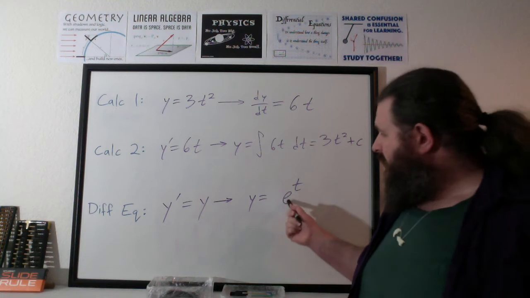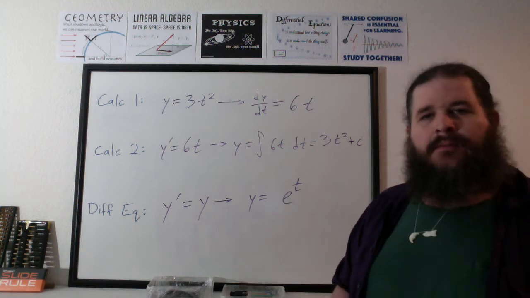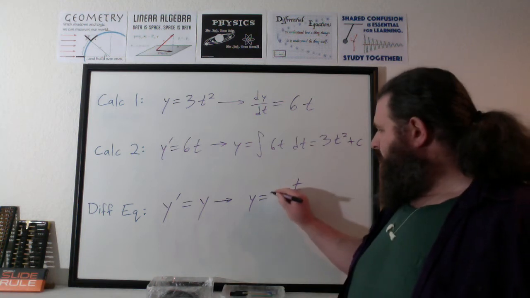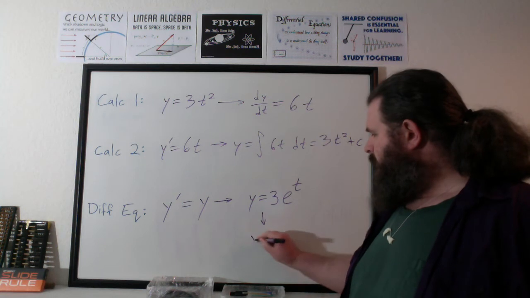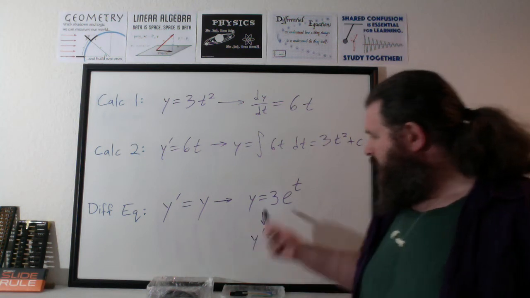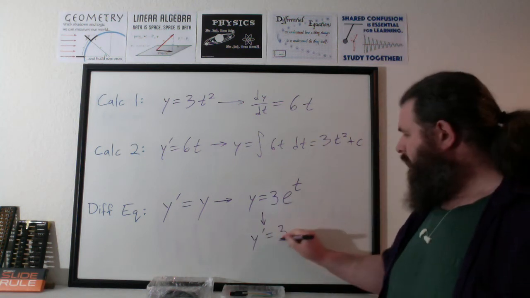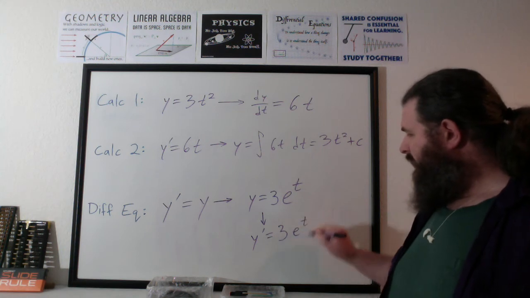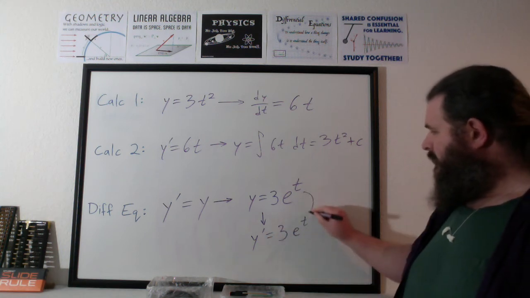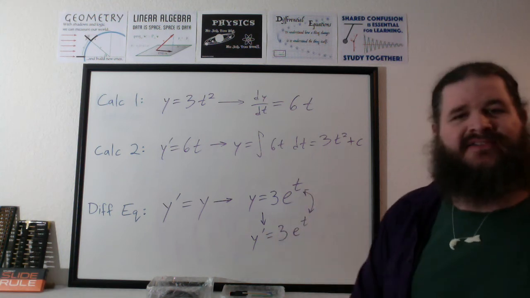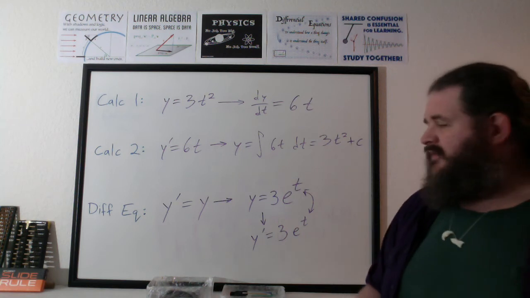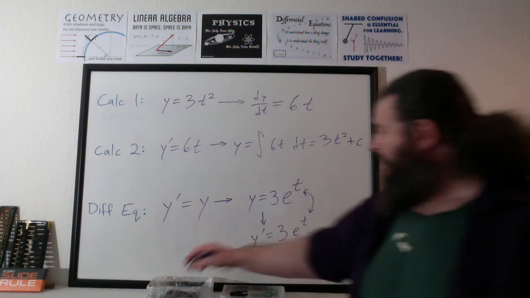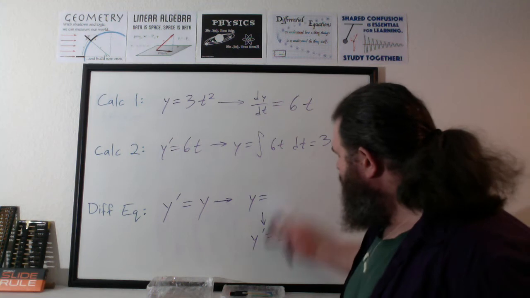You take the derivative of e to the t, you get e to the t. But also suppose you had something like 3e to the t. The derivative of that, you keep the 3 as a constant multiplier. The derivative of e to the t is still e to the t, so y prime is still equal to y itself. In fact, it's not just e to the t or 3e to the t, it can be any constant times e to the t.